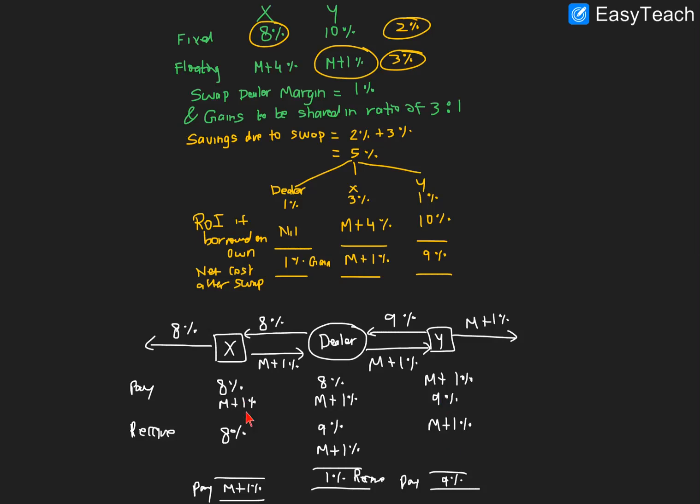So as we say, X is having a gain of 3%, whereas Y is having a gain of 1%. And the dealer is anyways having 1% commission in between, and we observe that it's in the ratio that was agreed earlier. Fine. So that's how a typical swap is entered into.